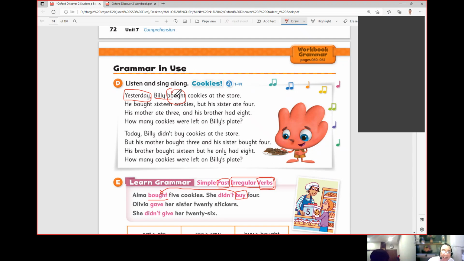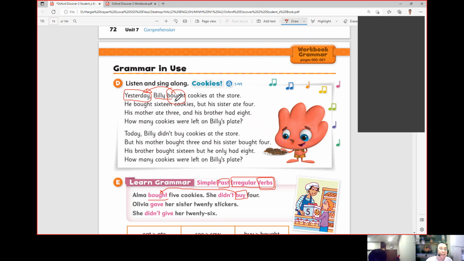Why is it in the past tense? Because it happens in the past. Signal words are yesterday, last week, the other day, last year. All of those are signal words that mean it happened in the past. Did you understand, Min?